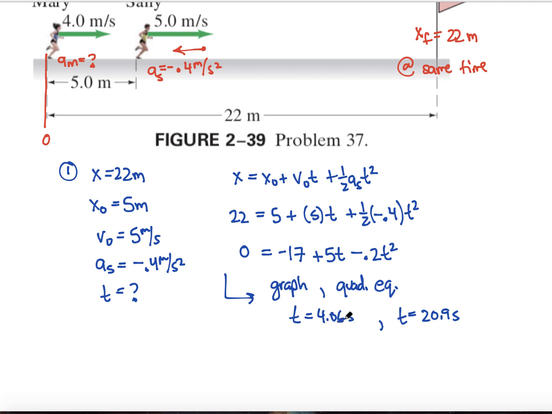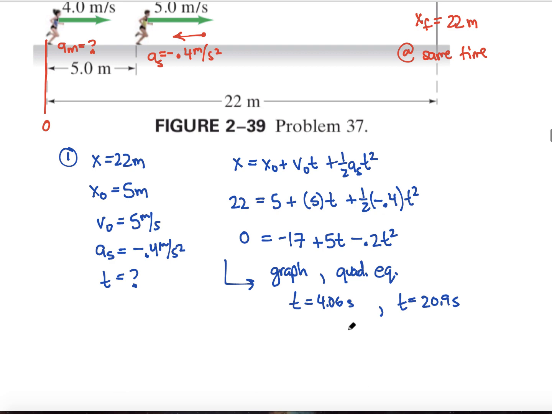All right, so I have two numbers here. Now, the issue is I can't use both of these because really she can only finish at one time. So I'm going to use the 20.9 second mark. So, you know what? I'm actually losing my mind. So really, what I should be saying is I'm using the 4.06 second mark.